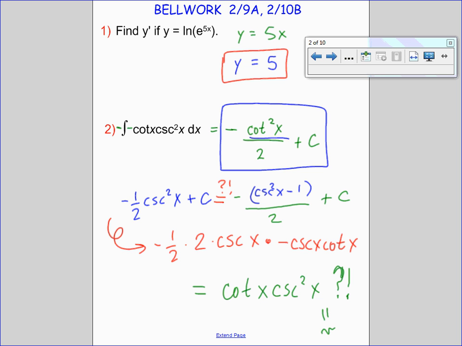Can I distribute the negative through and get negative cosecant squared x plus 1/2 plus c? And then that c is a constant. I could group in that plus 1/2 with my unknown constant c, and they would be equivalent. And so that c is just a constant, so we get exactly the same thing.